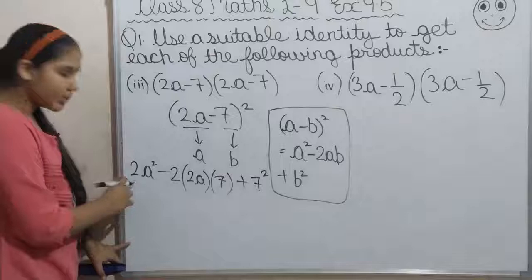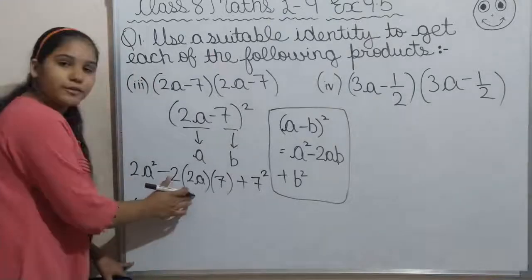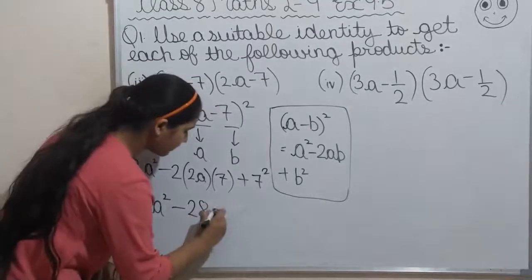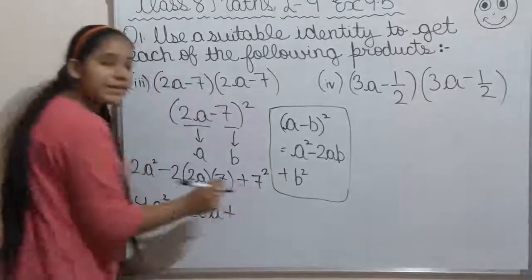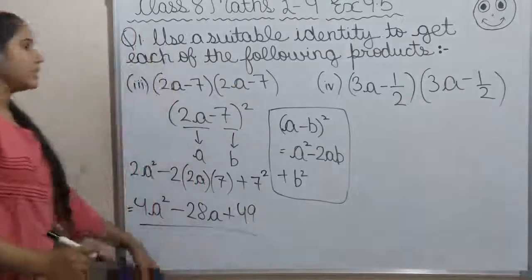So here 2 2's are 4, 4a square minus, 2 2's are 4, 7 4's are 28, and this a as it is, plus sign, 7 square means 49. So this is the expression of the third one.